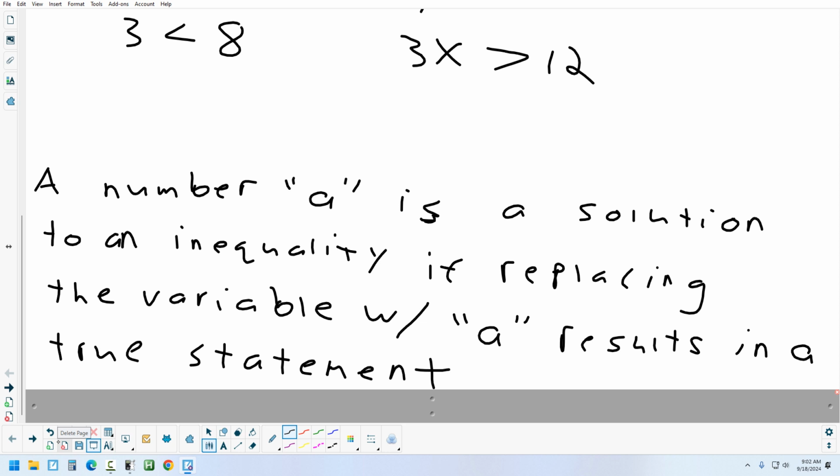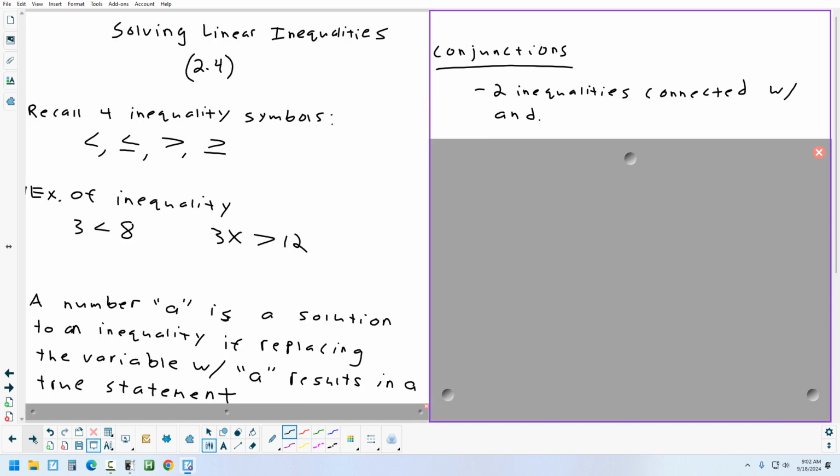That's true. What if I said is 2 a solution? No, because you get 6 is greater than 12. That's not true. What about 4? No, you get 12 is greater than 12. That's not true. So that's how you check if a number works in an inequality: plug it in and see if you get a true statement.